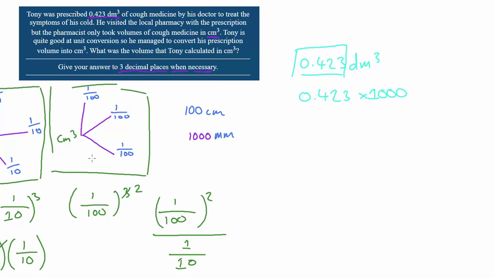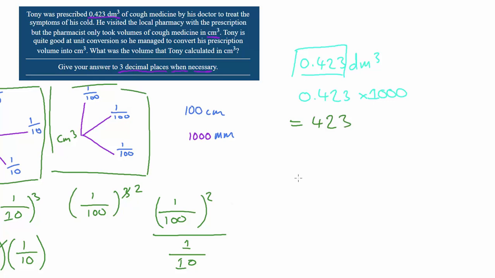You'd be able to have a bit of an intuitive sense of if you've made a mistake or not, so as to avoid unit conversion errors, which can be quite problematic. In any case, 0.423 multiplied by 1000, we get 423.